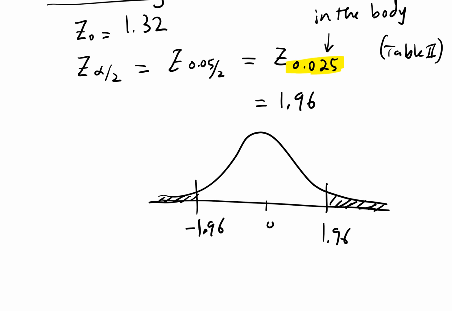If z sub 0 falls in either one of them, then we reject the null hypothesis. But what is z sub 0? It's 1.32, so it's somewhere here. That's where z sub 0 is.